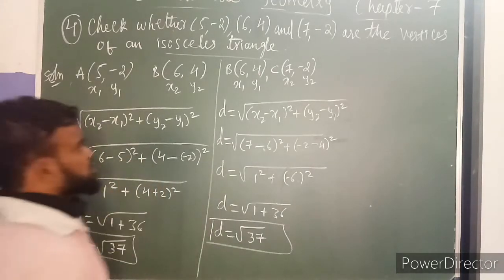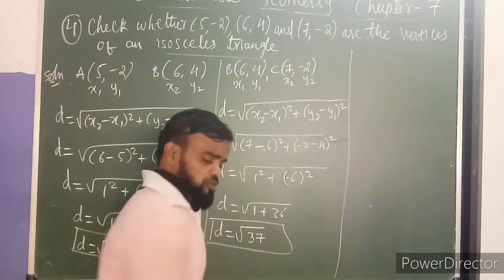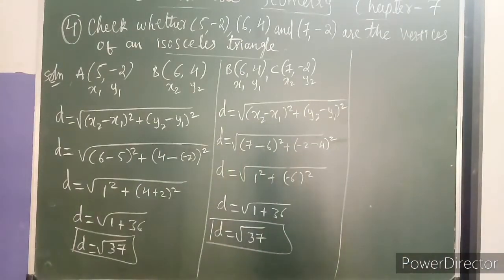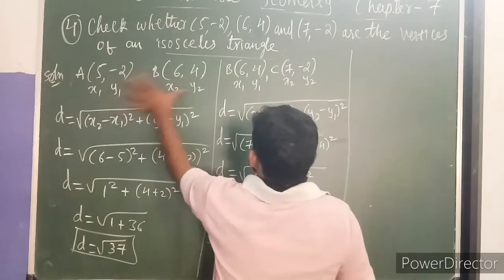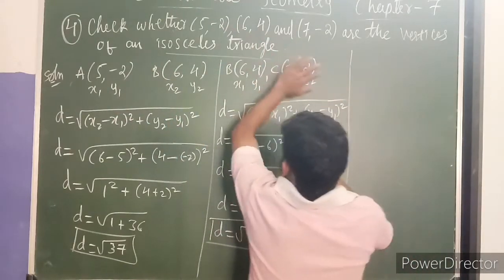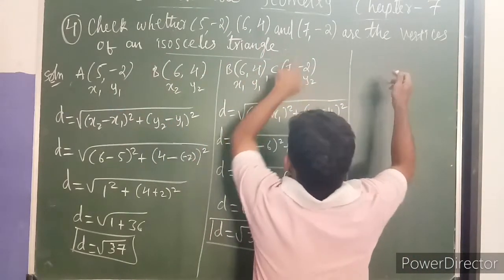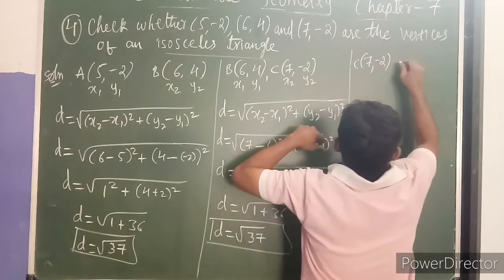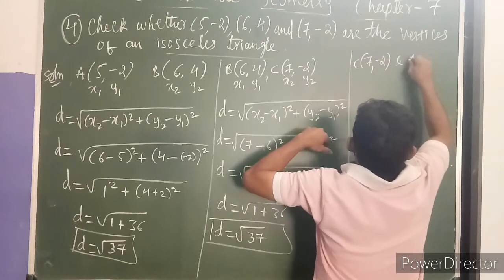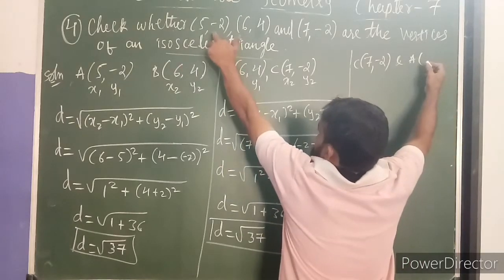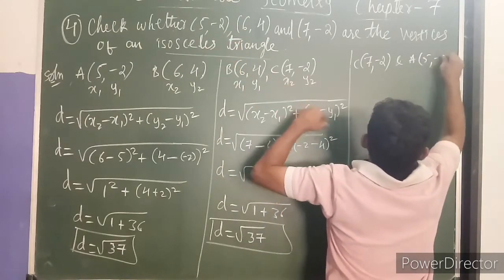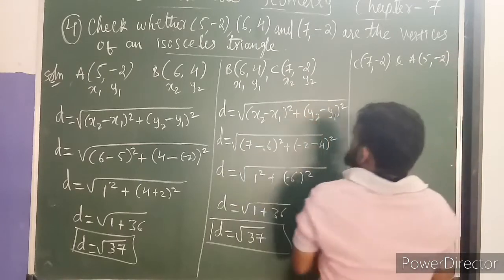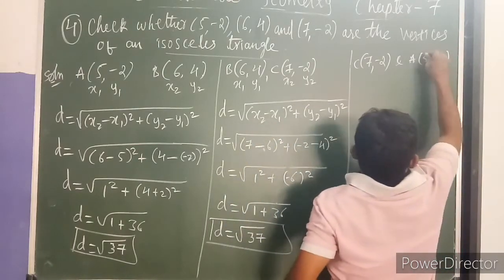Now we have to find the third, that is CA or AC. Right? First you note it down. Now we have to find the third part, AB, BC and now CA, or AC, no problem. C is (7, -2) and A is (5, -2).